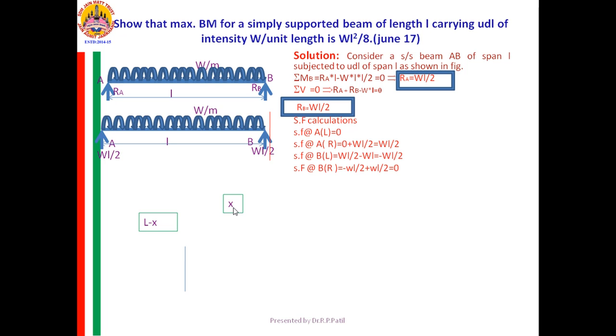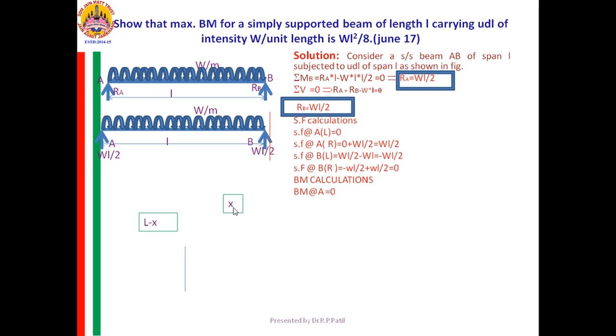Left part is going up, therefore it should be positive. Therefore, already it is minus WL by 2, new entry is plus WL by 2, total equal to 0. When you are starting from 0 and ending with 0, definitely your problem is 100% correct. SF is over. Now you draw the SF diagram.